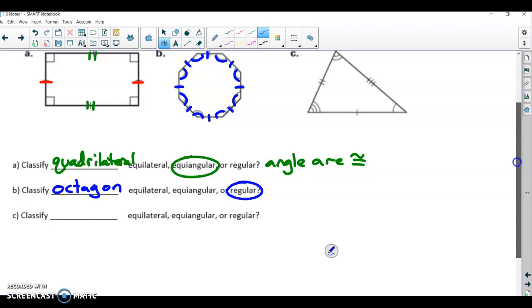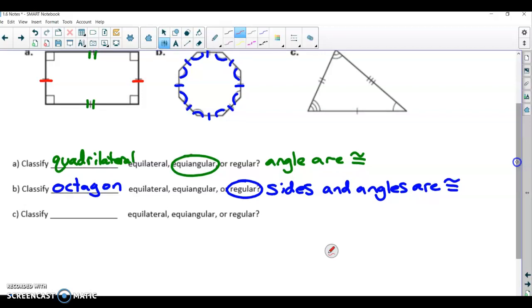And it's regular because sides and angles are congruent.